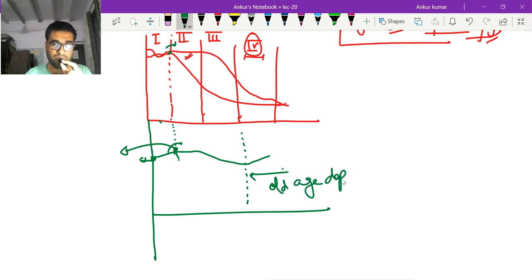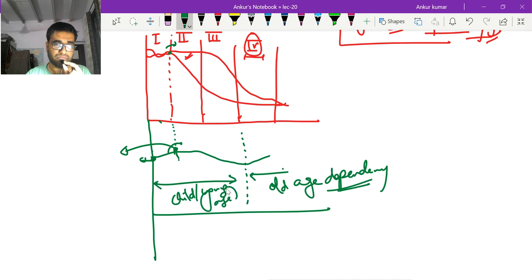In countries entering the fourth stage, the number of older people increases as compared to the number of the adult population or the young age population. This is the child dependency, or the young age dependency, as it is called. So this is the general diagram.